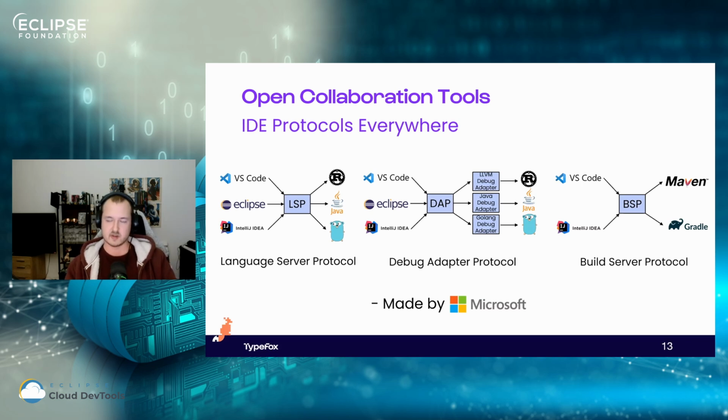But what the language server protocol does is give IDEs, or rather language clients, a way to communicate with so-called language servers in order to get this information across, for example, language or runtime boundaries. Microsoft introduced this together with VS Code back in 2016, and it really became ubiquitous. It's now supported in Eclipse via the LSP4E project.